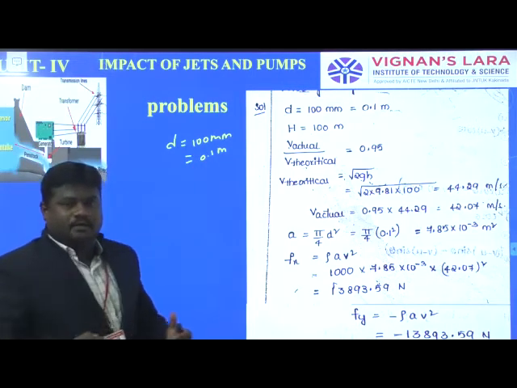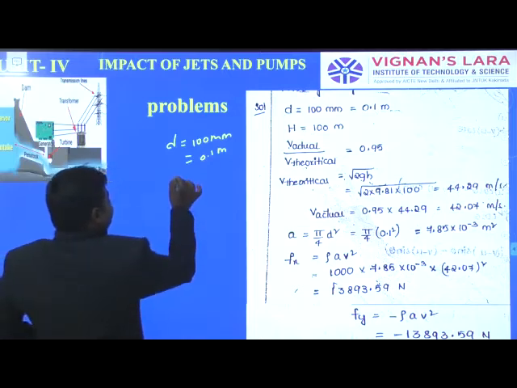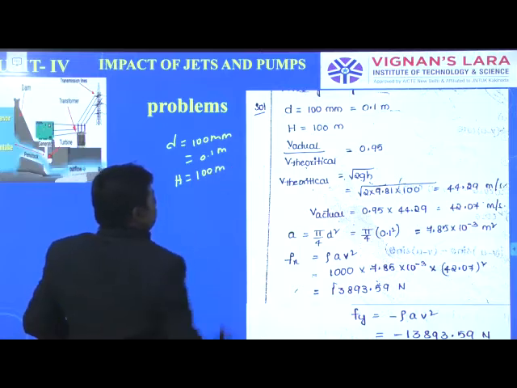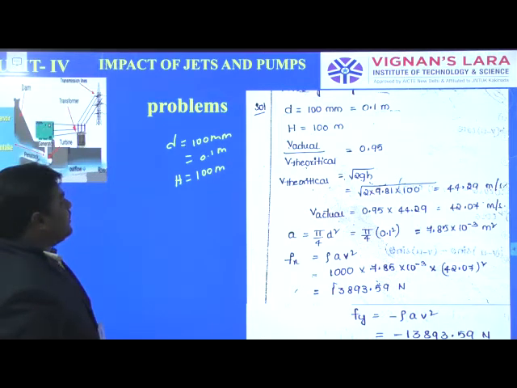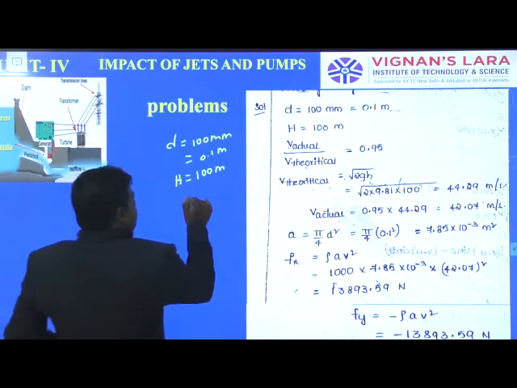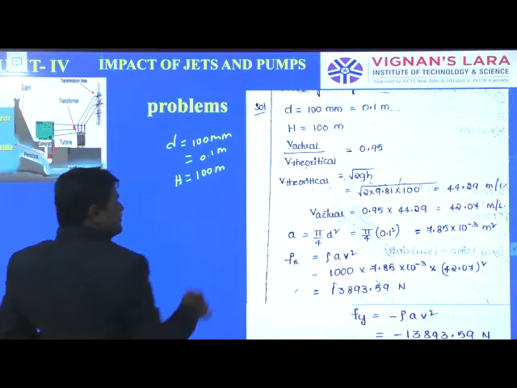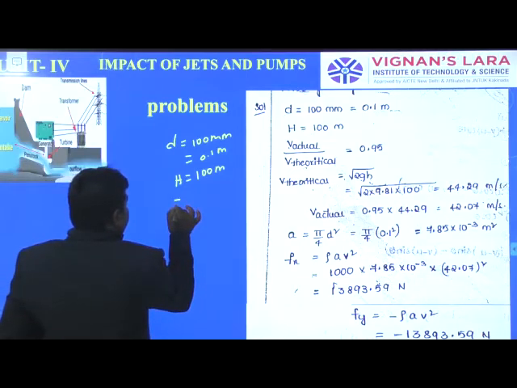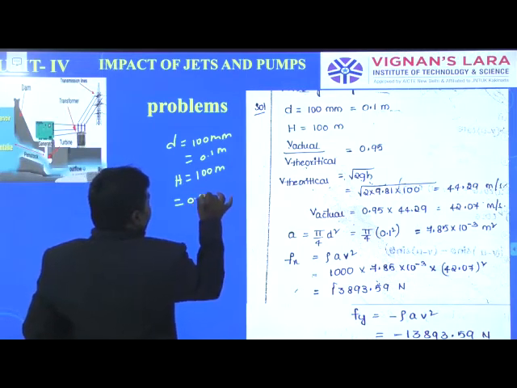The head H is equal to 100 meters. Then the coefficient of velocity, that is V actual over V theoretical, is 0.95.